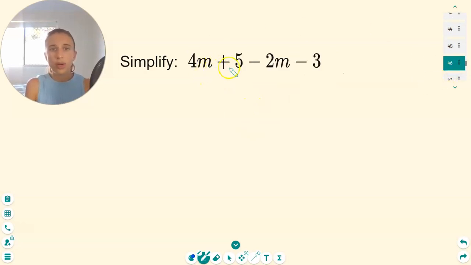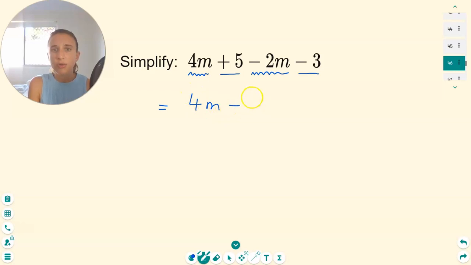Another one: 4m plus 5, take 2m, take 3. All right, I like to underline my like terms. Remember to take that sign at the front, and then I'll underline these ones in a different style. You can rewrite them, and that's called collecting like terms.